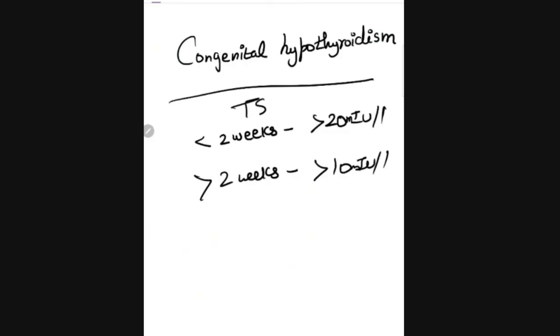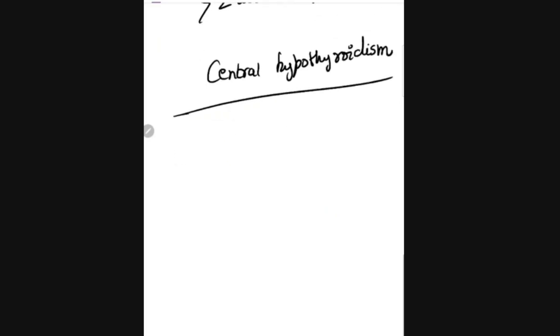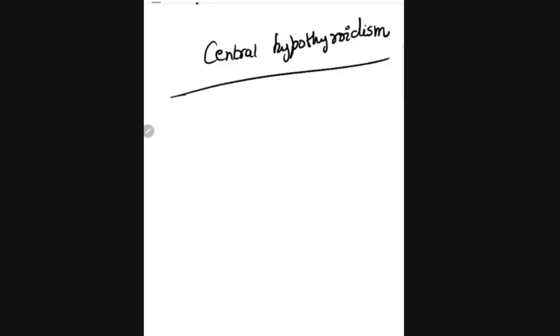More than 2 weeks, it is more than 10 international units per liter. This is the TSH cutoff. So remember that just with TSH, you cannot identify hypothyroidism. Say if you have a central hypothyroidism, that is a pituitary cause. What will be the finding?